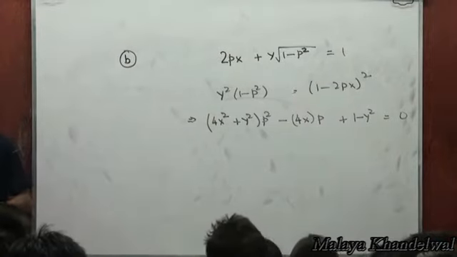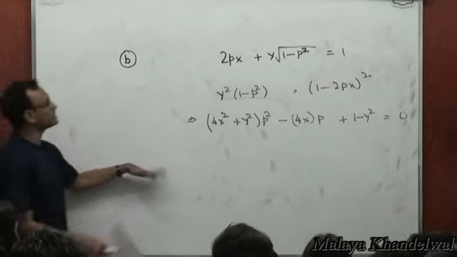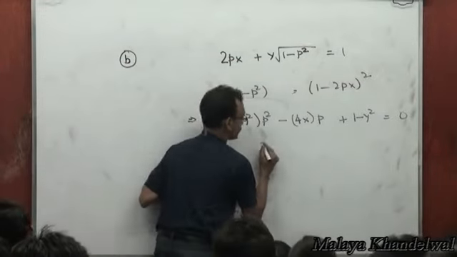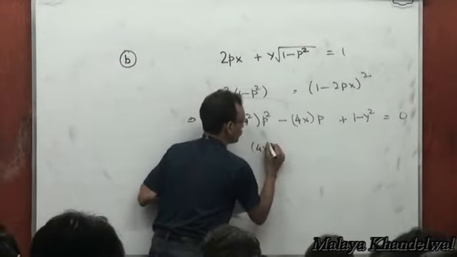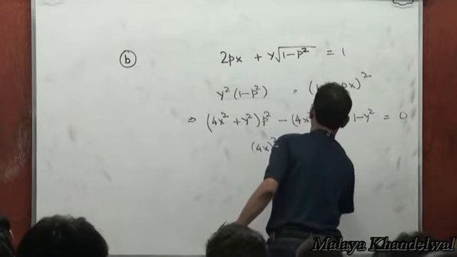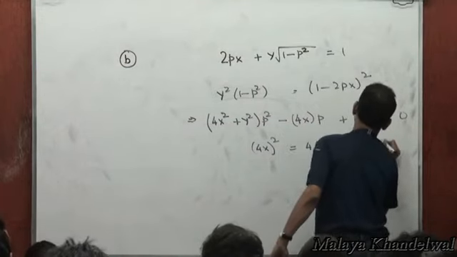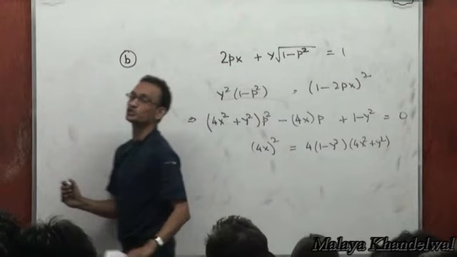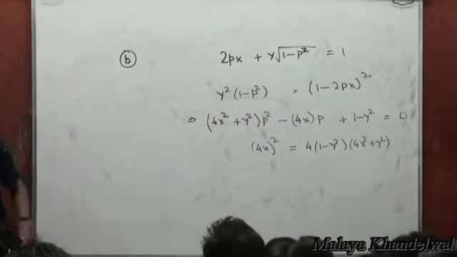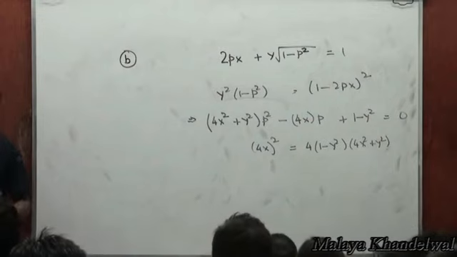To get the enveloping curve, all that you need to do is put discriminant equal to 0. So (4x) whole squared is 4 times (1 minus y squared) into (4x squared plus y squared). If you simplify this, you will get the equation of the ellipse which it touches.